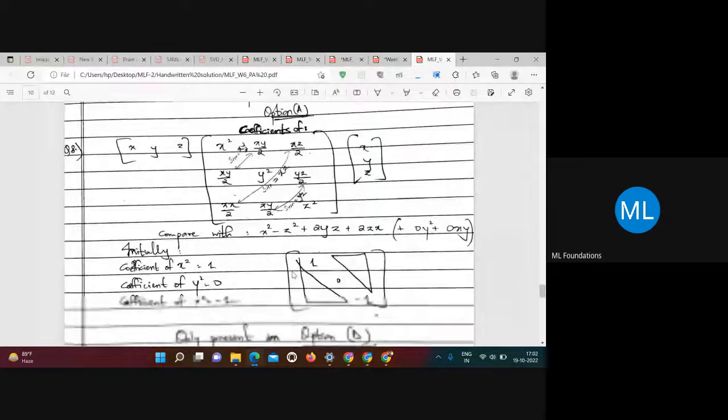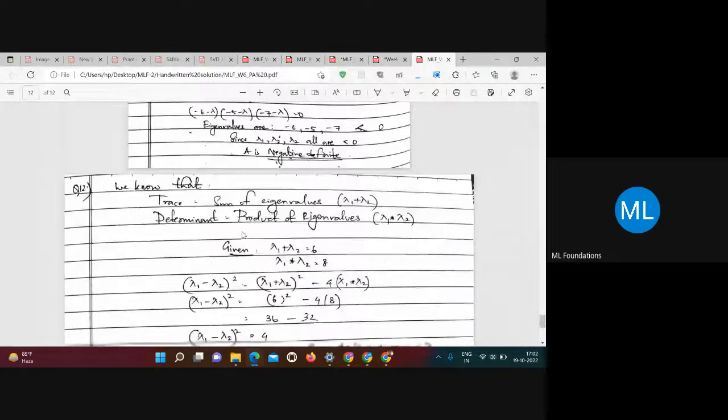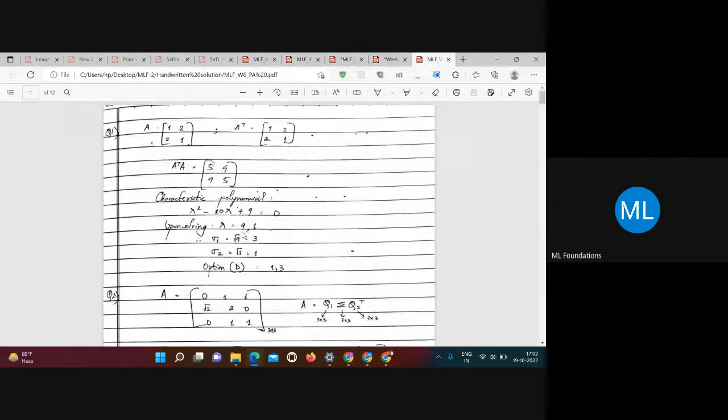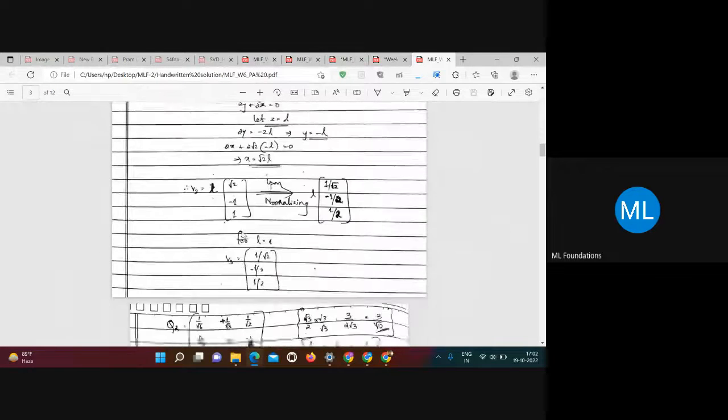I don't know where that is, but yeah, this is the problem, I guess. I don't know where that is. Practice assignment only. I've shared this file itself. 3, 4.